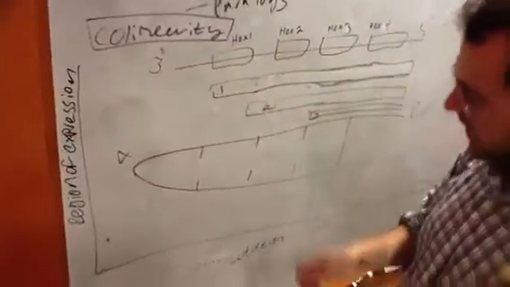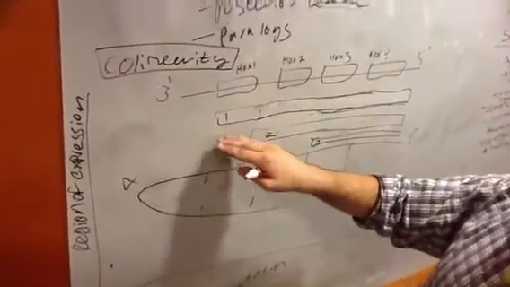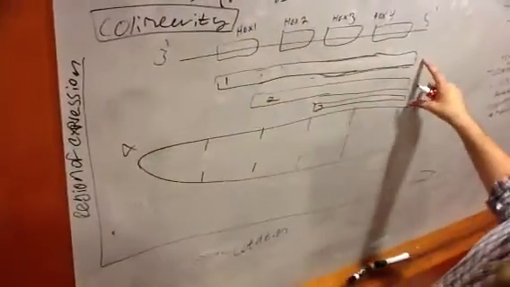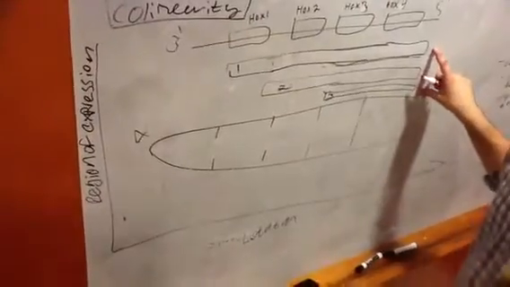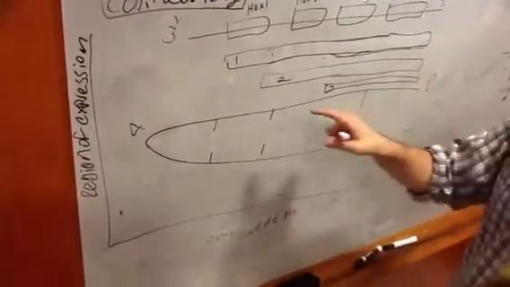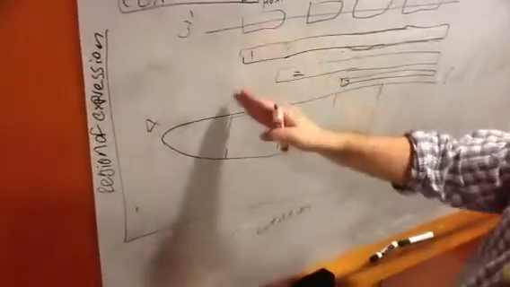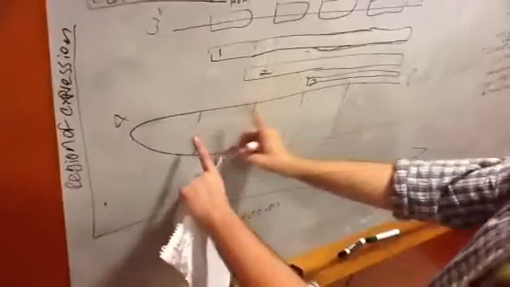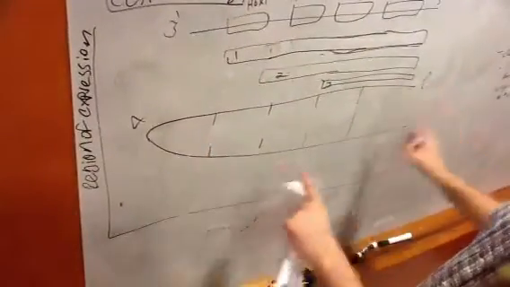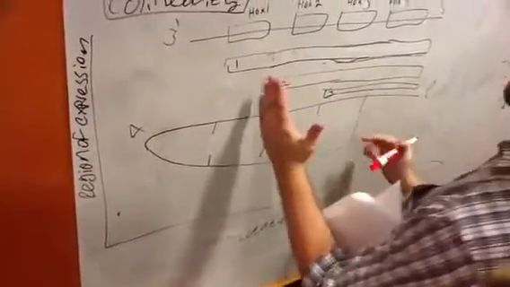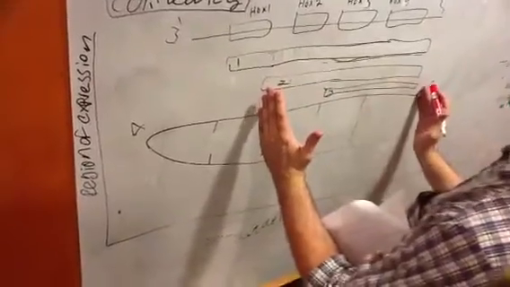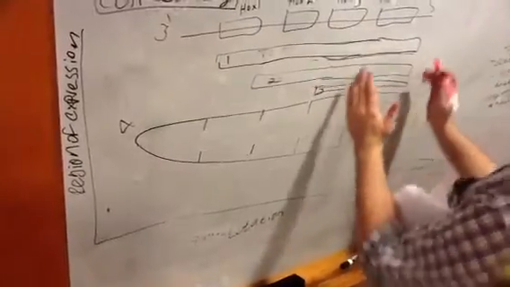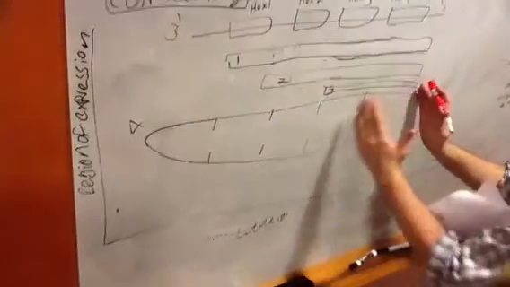So if this is our embryo and these are our regions of expression for the genes, what's going to happen is Hox1 is going to start being expressed in this region throughout the entire organism, and then Hox2 is going to start being expressed in this region, but it's only going to start here, and then the same goes for Hox3, it's only going to be here, and then Hox4 is only going to be here.